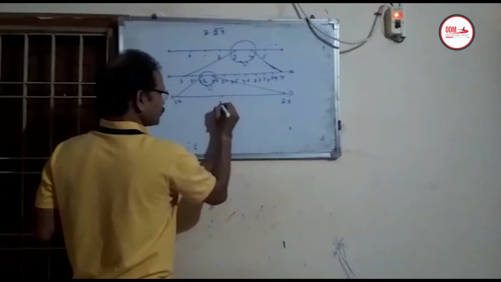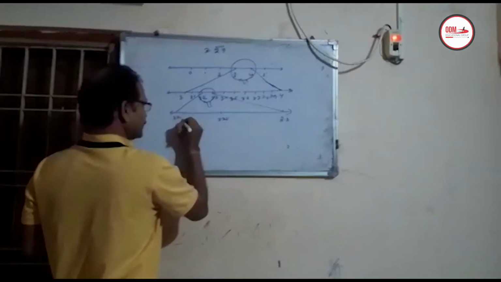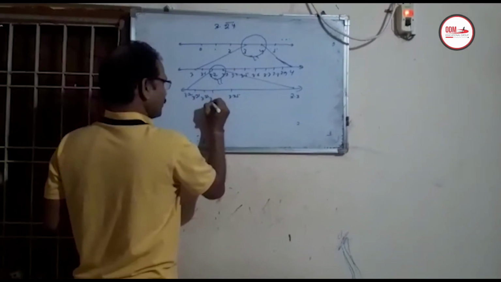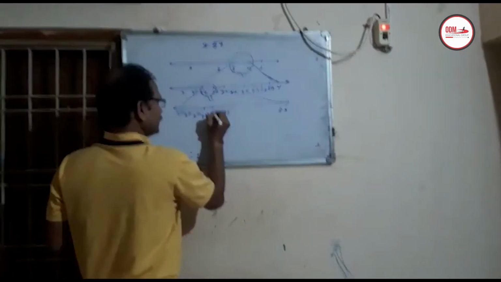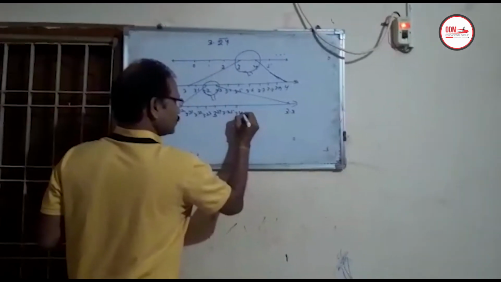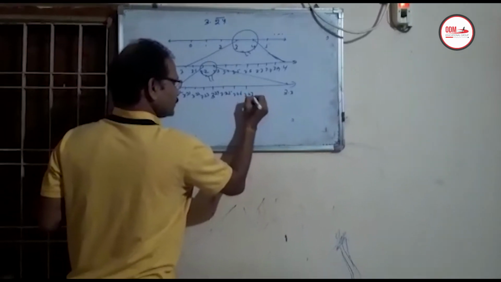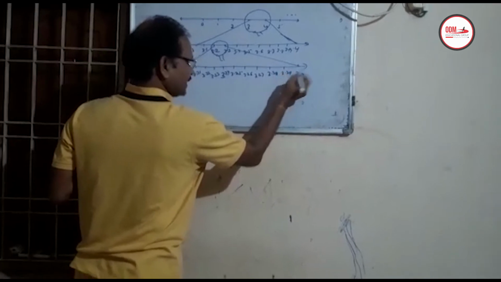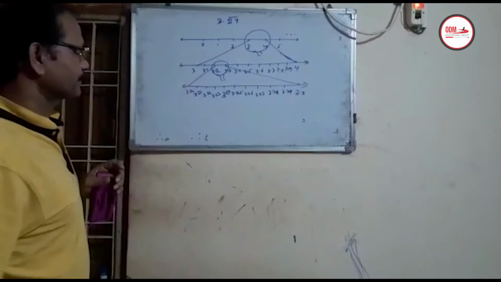Now divided into 10 equal parts. The middle point is 3.25. This is 3.21, 3.22, 3.23, 3.24, here 3.26, 3.27, 3.28, 3.29, then this 3.3.